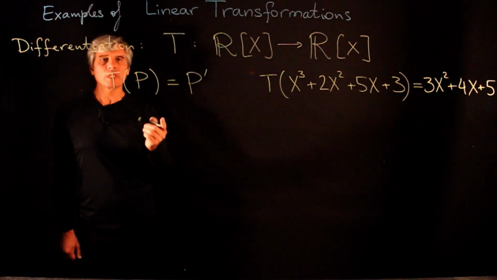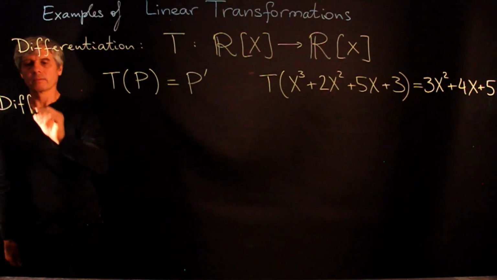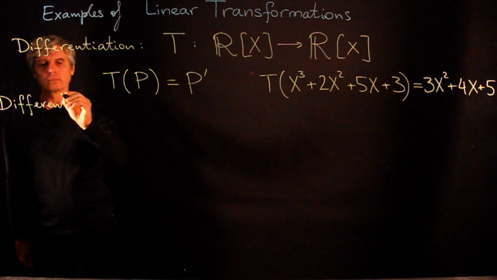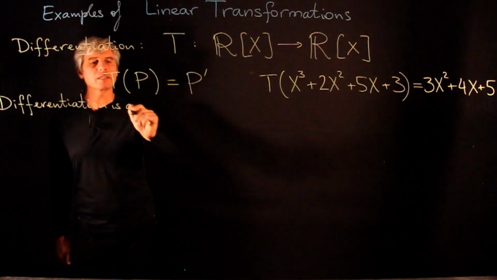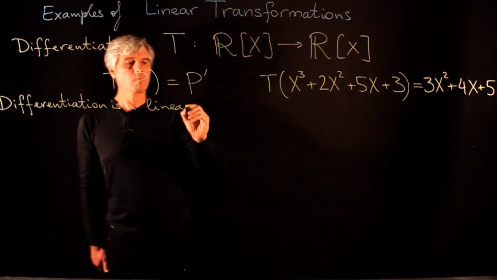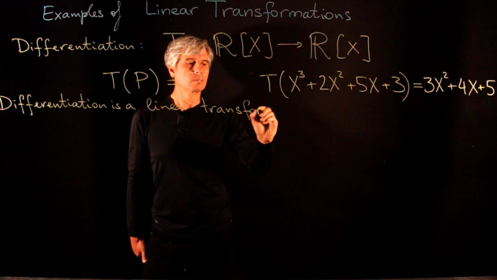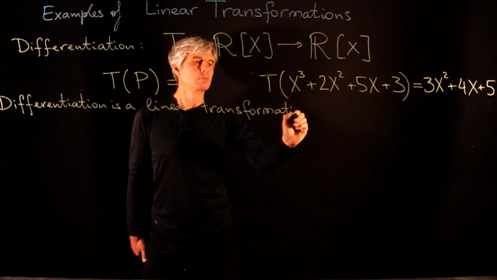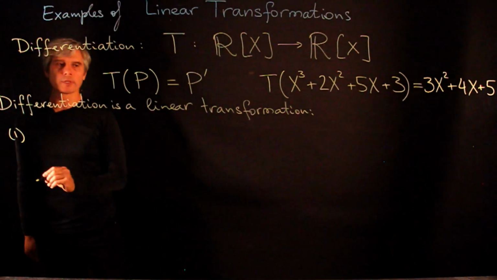Now, let us show that differentiation is a linear transformation. For this, we need to verify two properties.